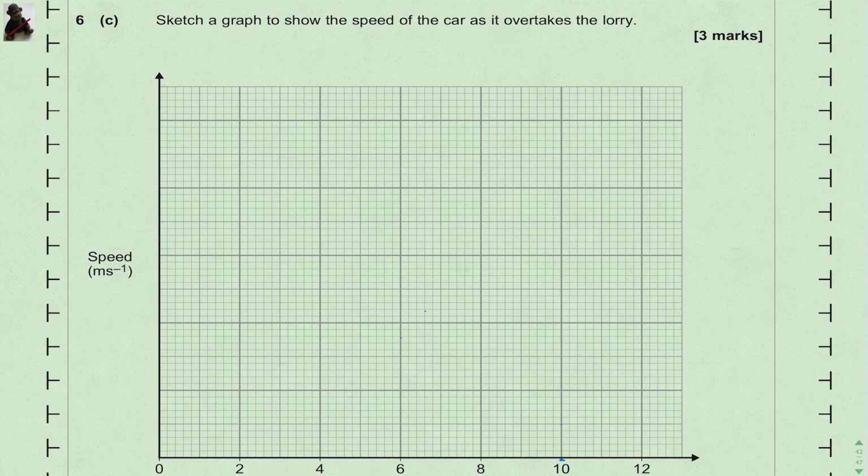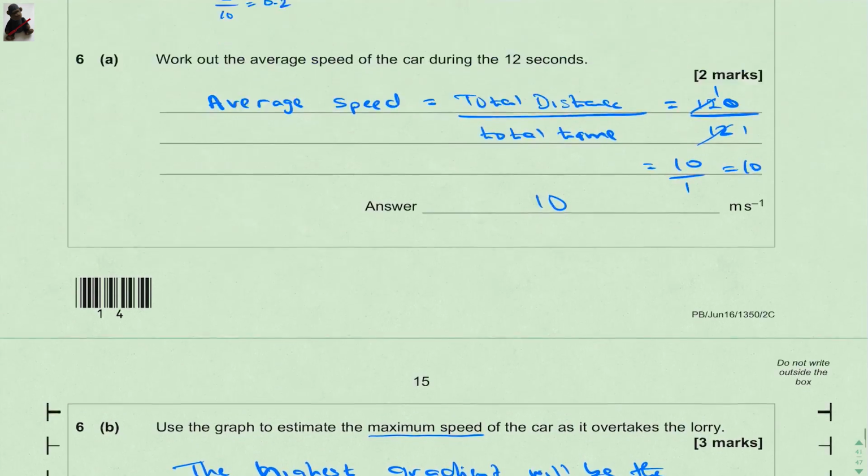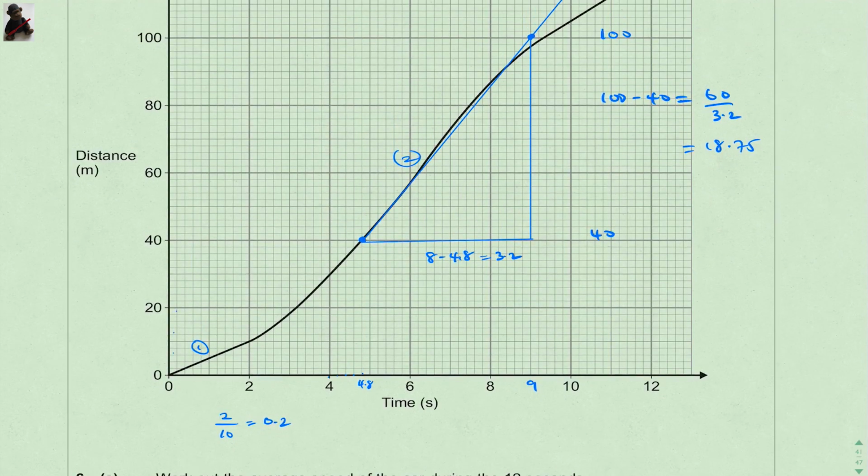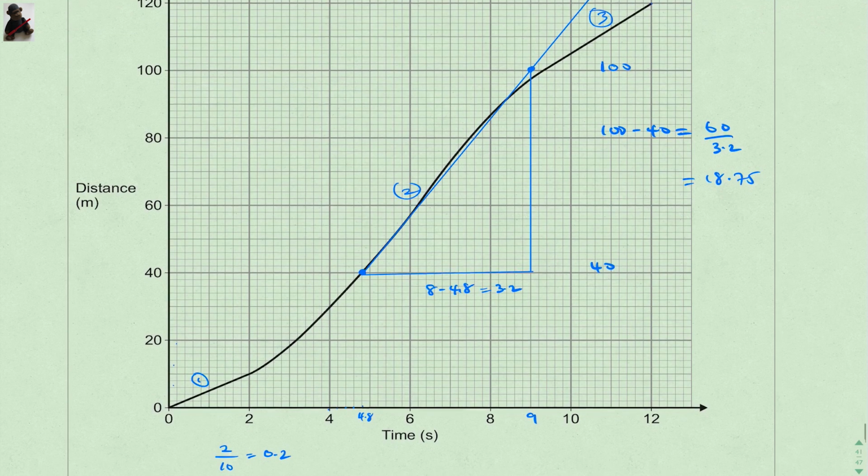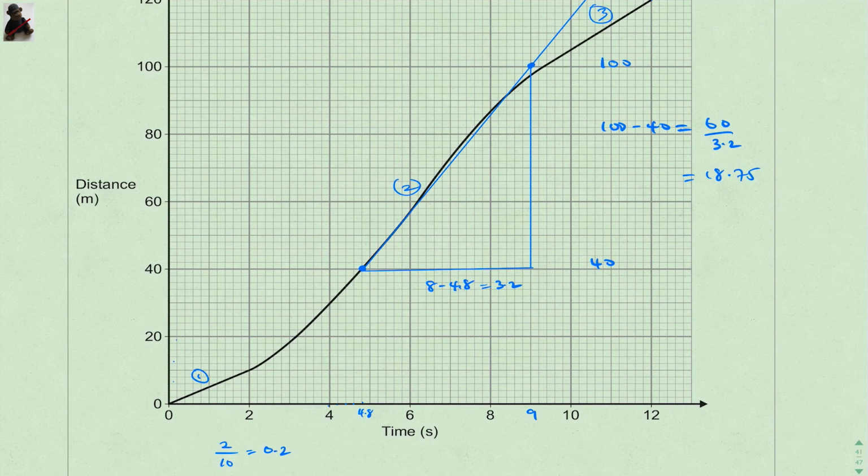Question 6C. Sketch a graph to show the speed of the car as it overtakes the lorry. Well, to sketch a curve, we need to go back to the graph and look at it carefully. There are 3 points, remember, as it has different stiffness. The first one is at point 1. We can work out the gradient between that point and this point here.